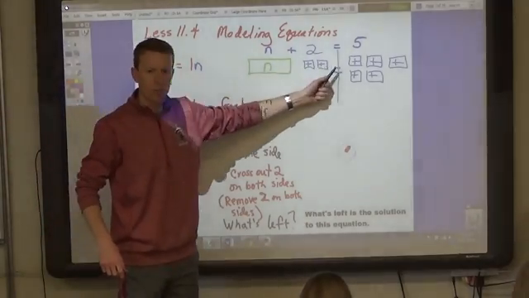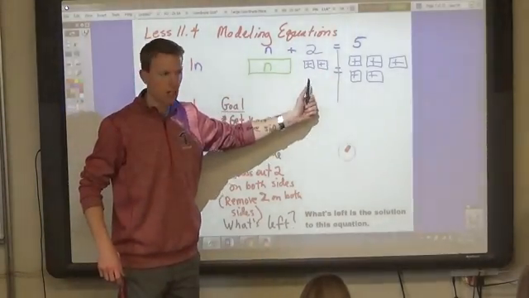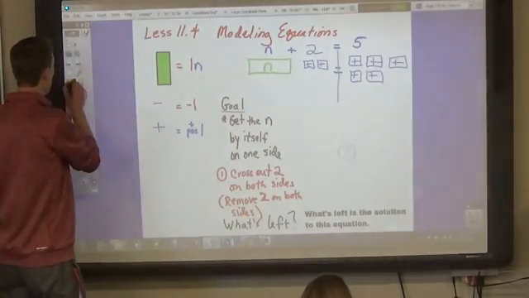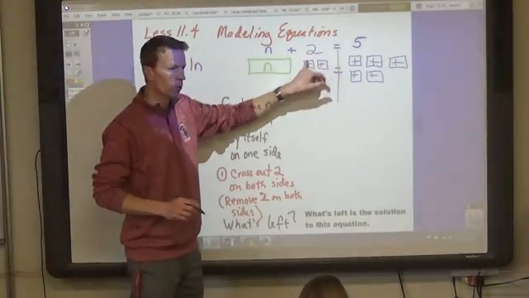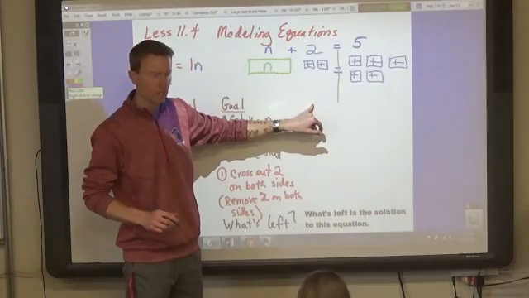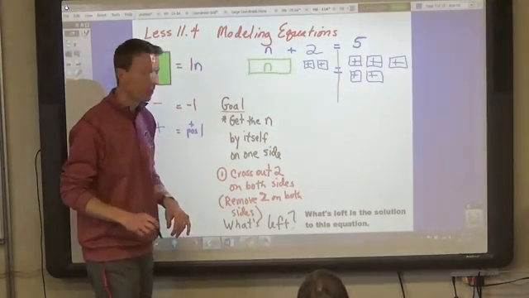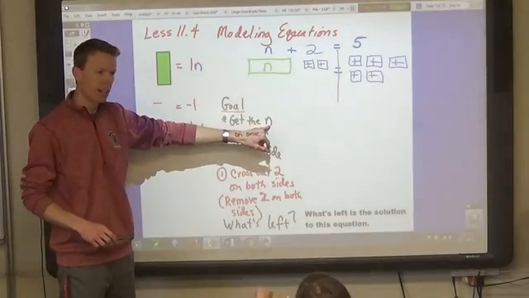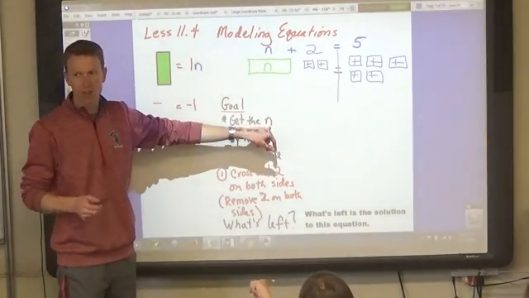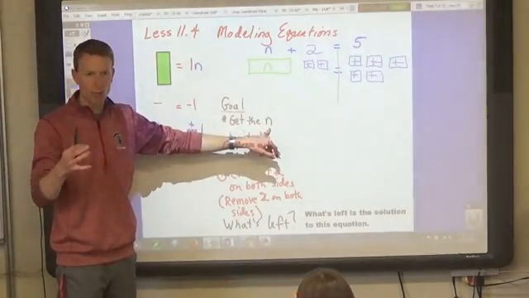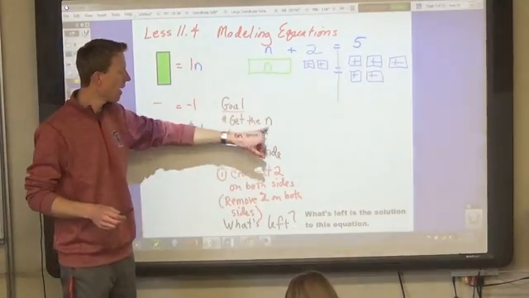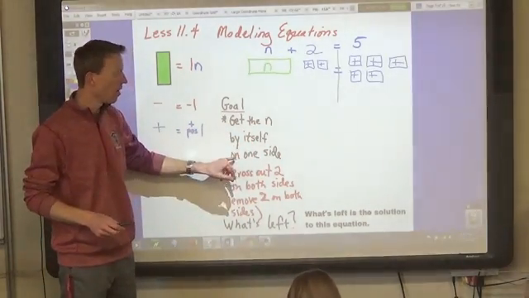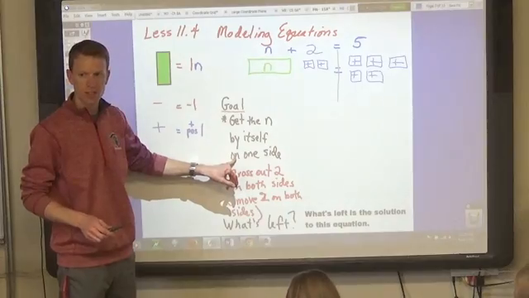Now, I'm going to show you how to prove that n is 3. Here's how you do it. We have to eliminate the 2 on this side so that n is all by itself. When you're solving an equation, it means getting the variable, n or y or x or z or whatever the variable is, by itself on one side of the equation.